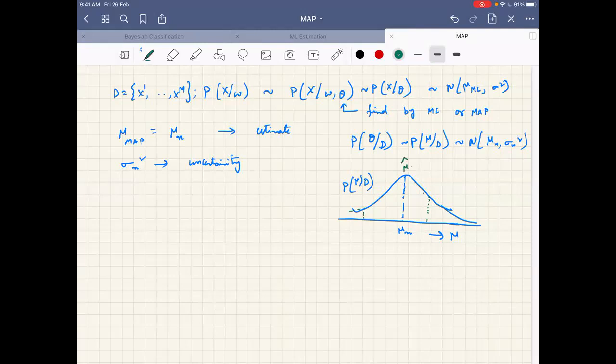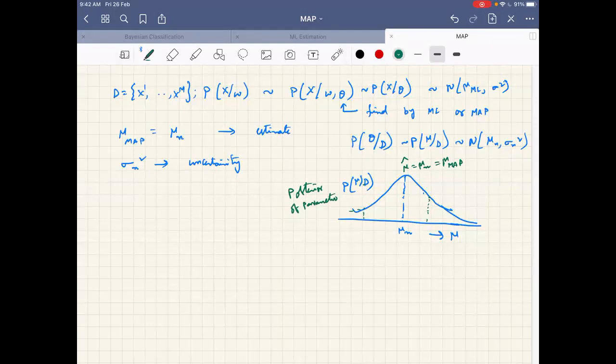Mu hat, or mu n, or mu MAP, picks the best possible mu given by the posterior of the parameter mu given D. This is the posterior. And it throws away all the other possibilities. But is that a great strategy? Can we do better?